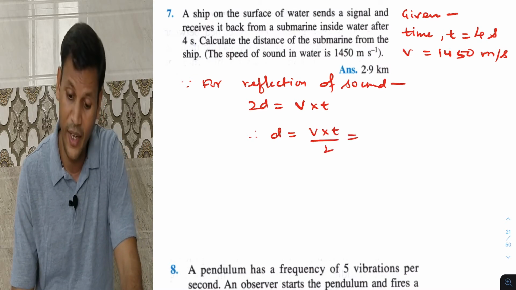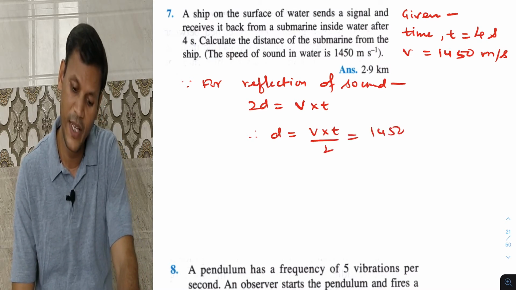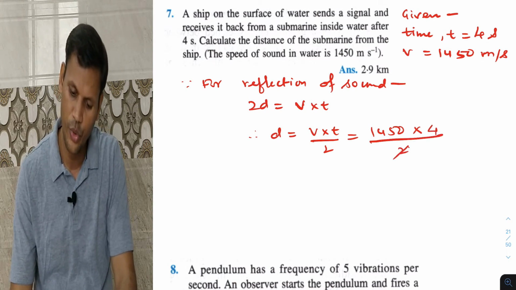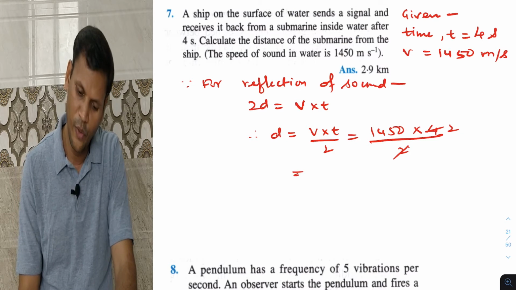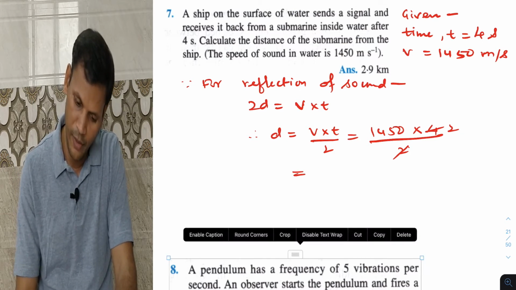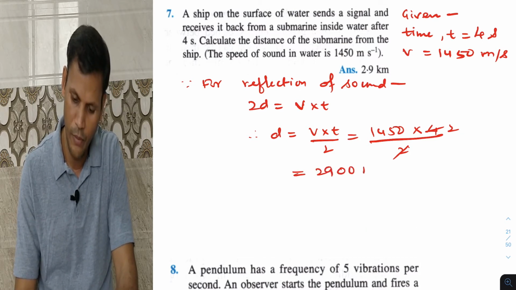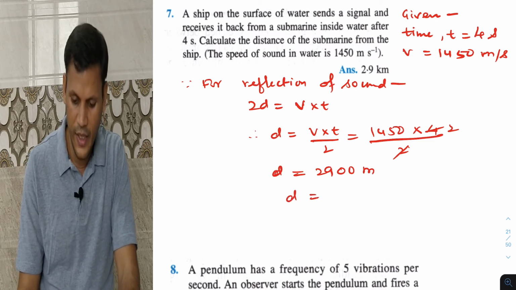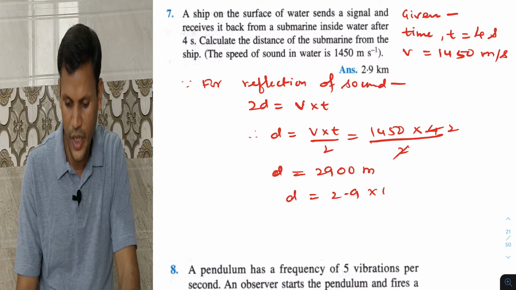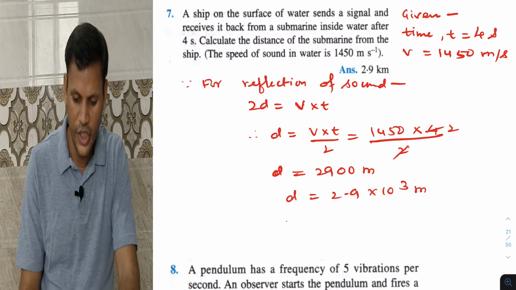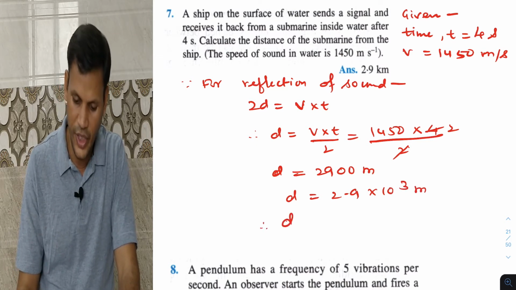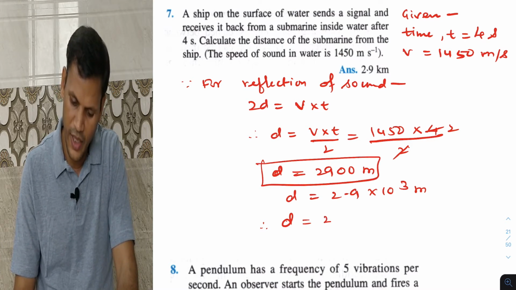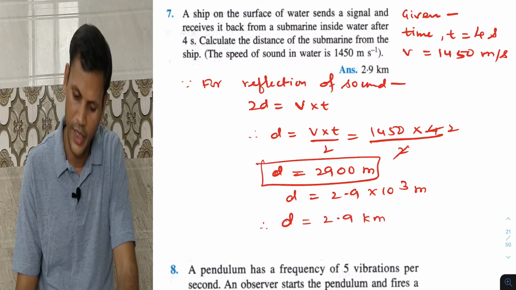So V is 1450 into time 4 upon 2, 2 2s are 4, 1450 into 2, that will be 2900 meters, or we can write it as D is equal to 2.9 into 10 raised to 3 meters. Both the answers are correct, it also can be written as 2.9 kilometers.